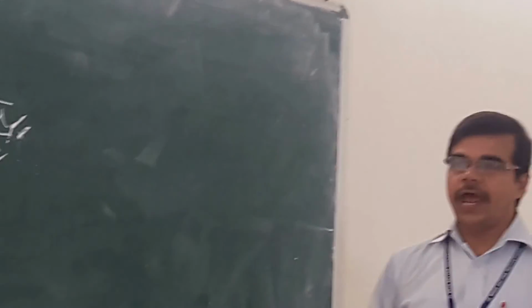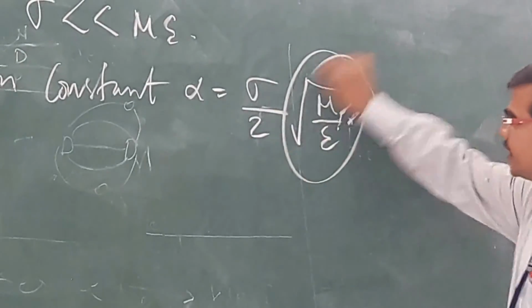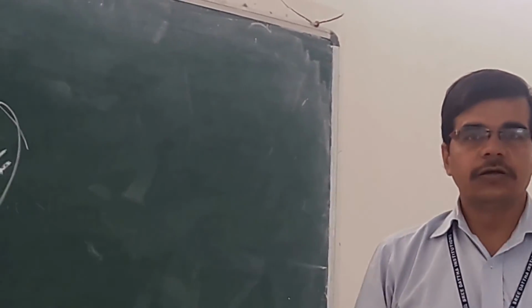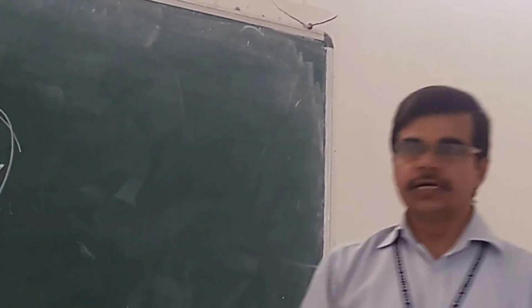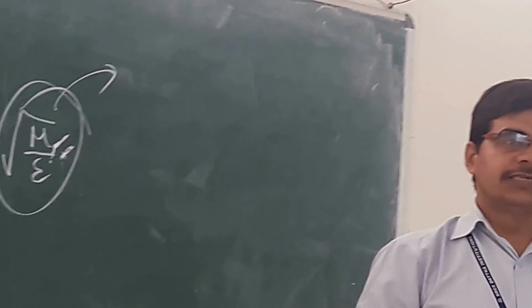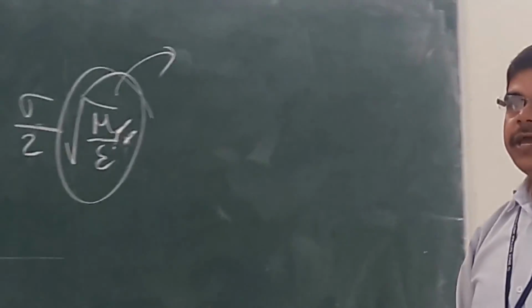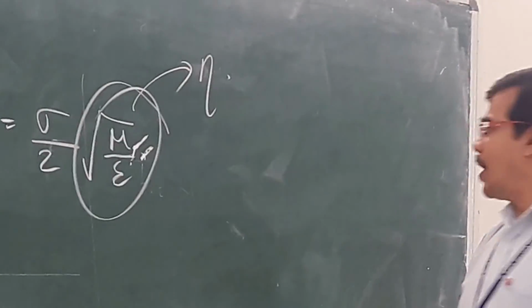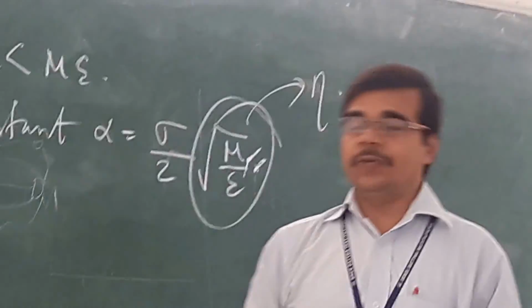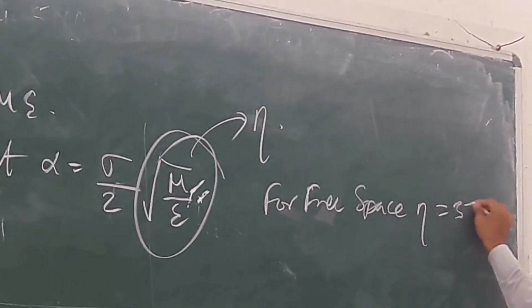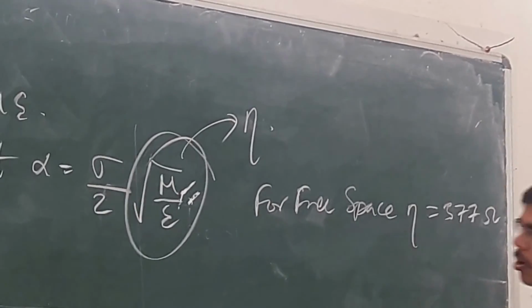We know that the square root of mu by epsilon is the intrinsic impedance. And what is the intrinsic impedance in free space? It is 377 ohm.